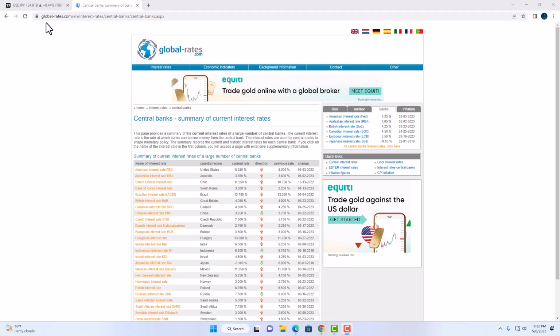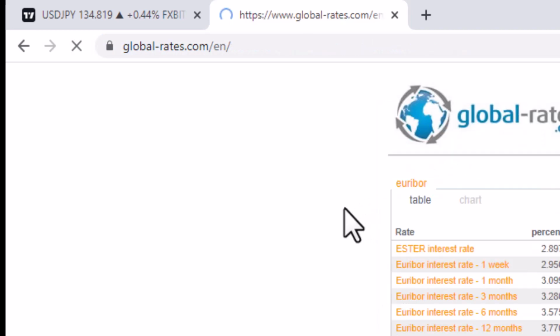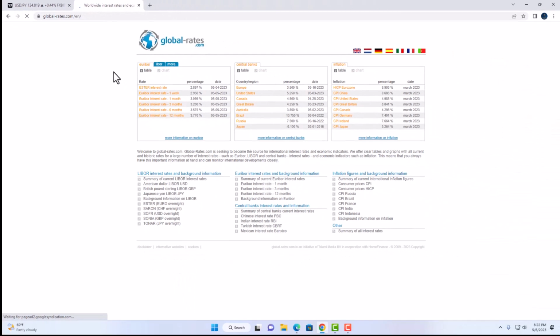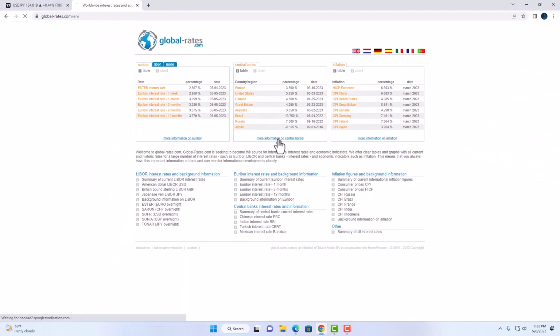So make sure you visit this website, globalrates.com. You can see it here, or if you are not able to copy this, you can simply type globalrates.com. It will open the home page like this. Once you see this home page, click in this section that says central banks, and then click on more information on central banks.